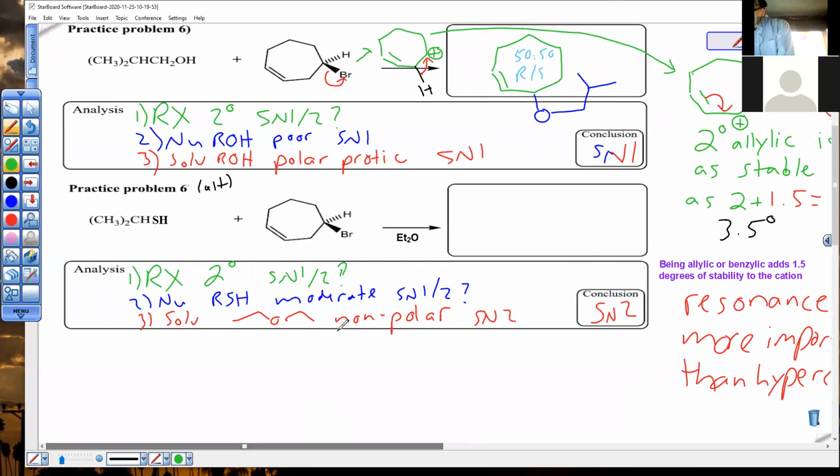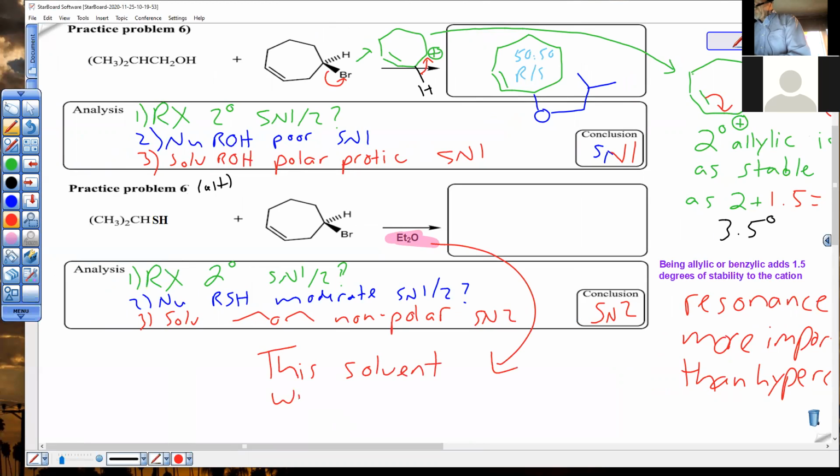All right. Now in the reaction down here, this solvent does not allow, will not allow, a secondary carbocation.